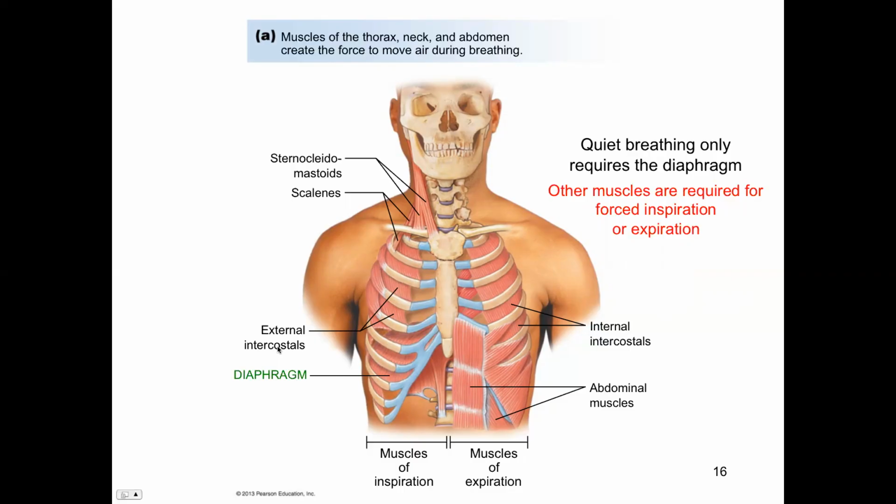But the external intercostals, and then for expiration, the internal intercostals and the abdominal muscles. All right, so these are the ones that will be involved. And if you're really going to get further into it, we have the sternocleidomastoids and the scalenes, which will also help pull this rib cage upwards. Okay, but it's usually these around the rib cage that we think about here, but they can be recruited.